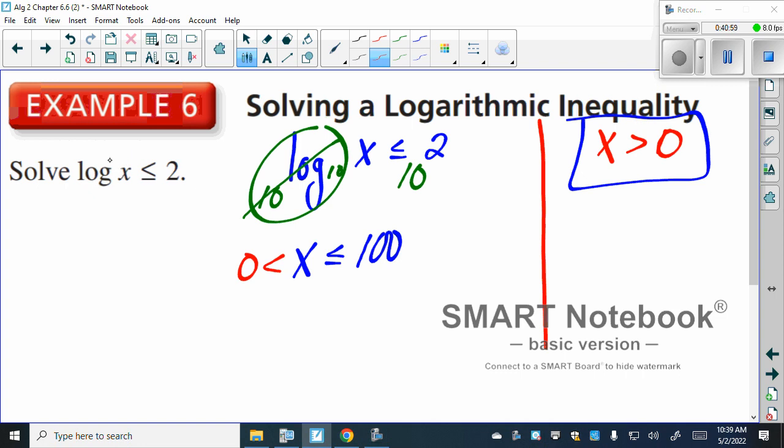Because here, x cannot be 0. But 0 is less than 100, yes? So we add that in. If it had said x is greater than or equal to 100, we don't have to worry about it because 0 is not greater than 100. So this here is the solution. Any questions on this here?